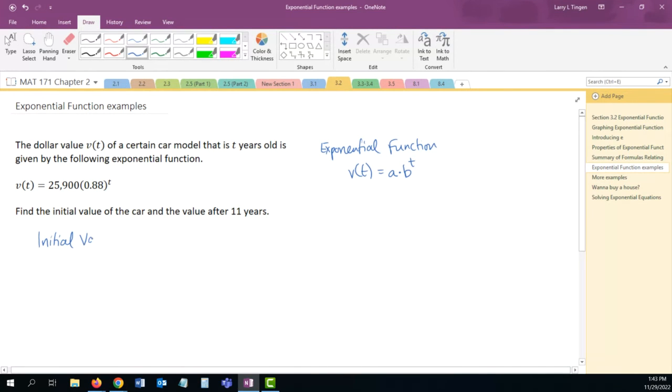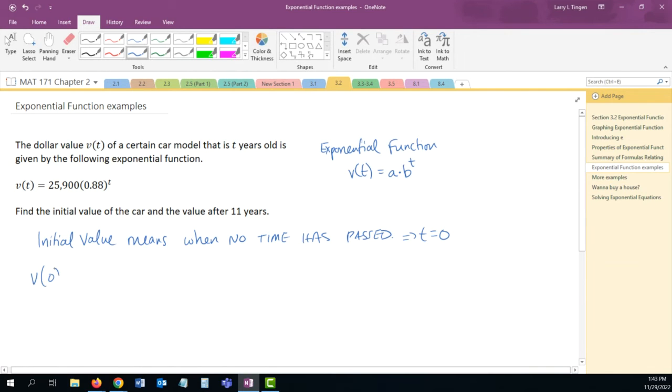Initial value means no time has passed. No time has passed means time is 0.